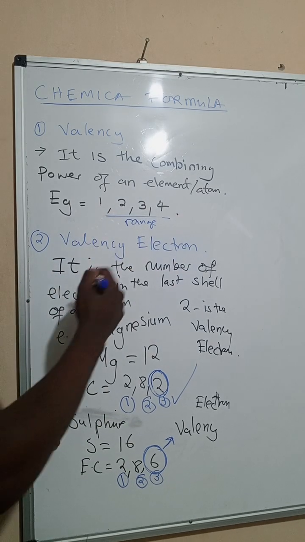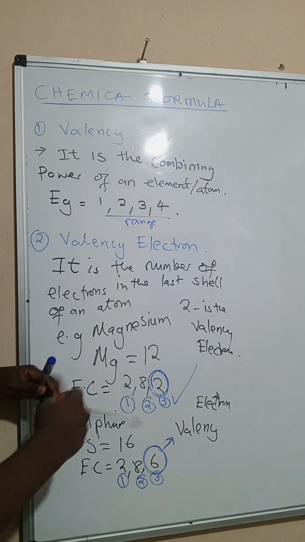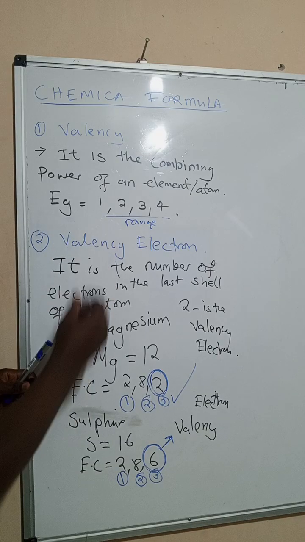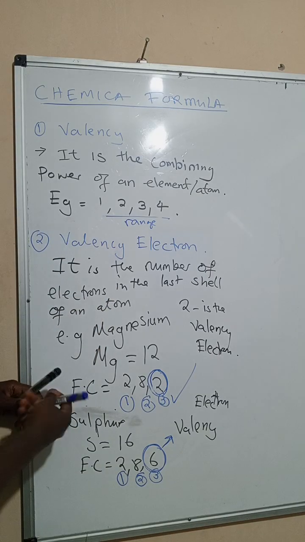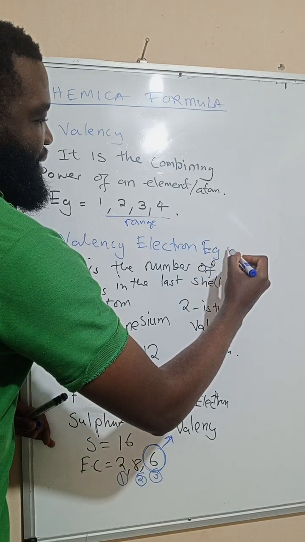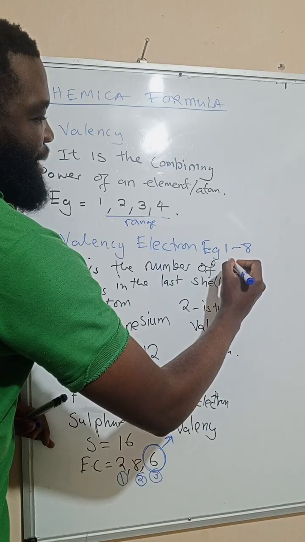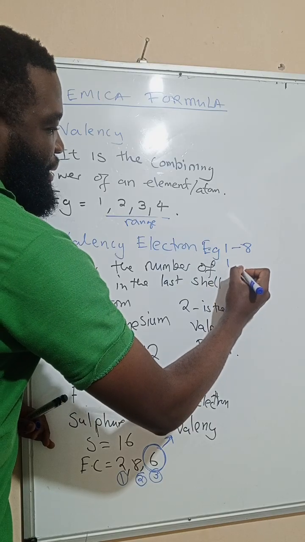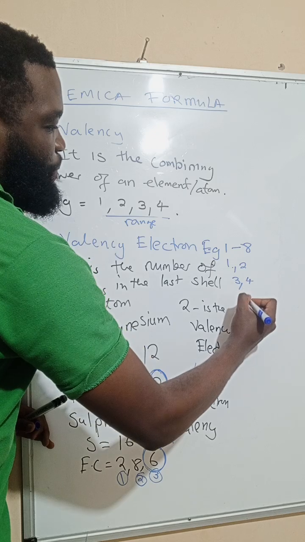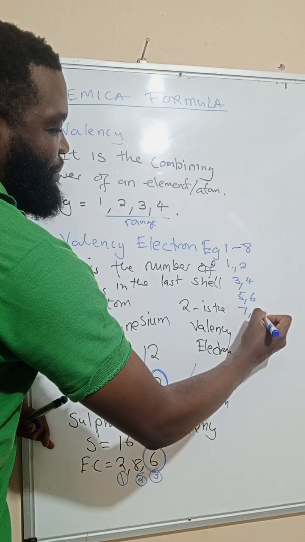The range for the valence electron, I'll put it here, goes from 1 to 8, meaning it can be 1, 2, 3, 4, 5, 6, 7, or 8.